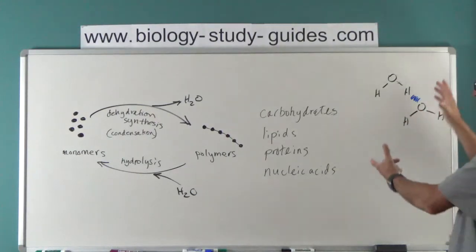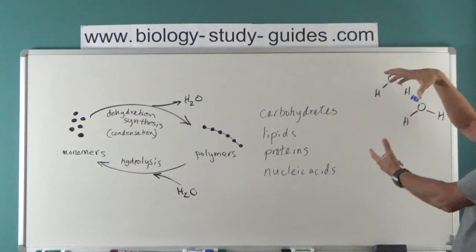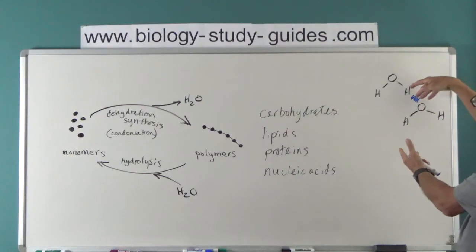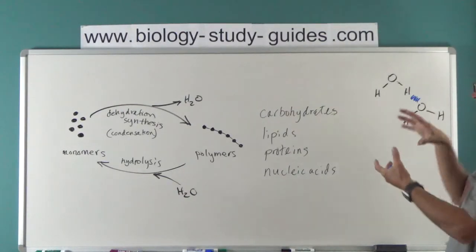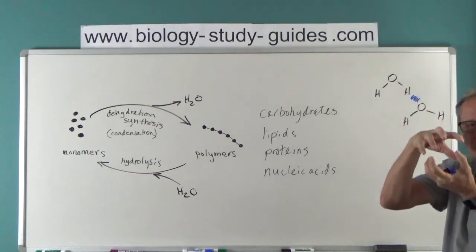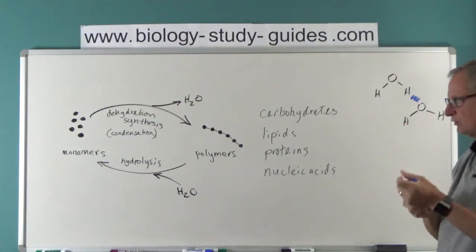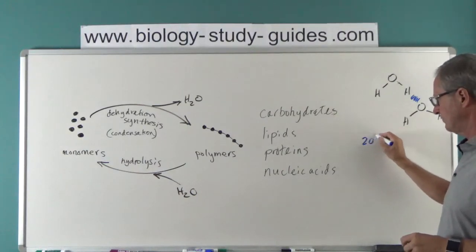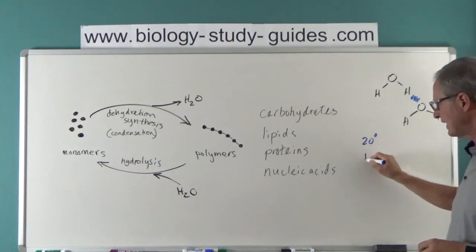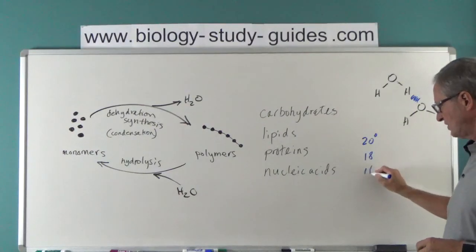What happens when this system of water is cooling down is these hydrogen bonds become a little bit more stable, they're less broken, and the molecules actually get a little bit closer together. If we're looking at the surface of a lake, for example, it's 20 degrees, and then it's 18 degrees, and then it's 16 degrees.